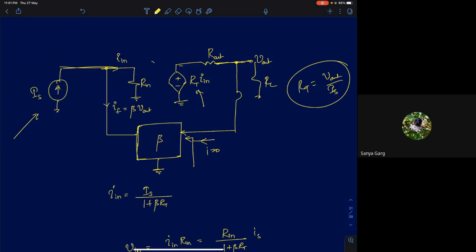And this current IF here should be independent of Rin or RS. IF should always be beta times Vout. The current that is coming out of the feedback network into this negative input terminal should be independent of Rin and RS. So what should be the impedance seen at this point for the negative feedback amplifier?